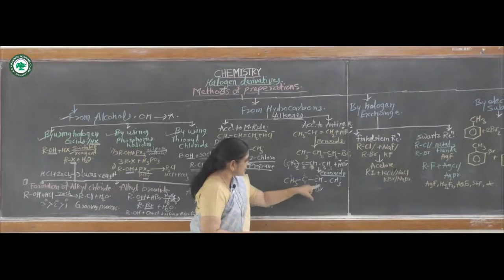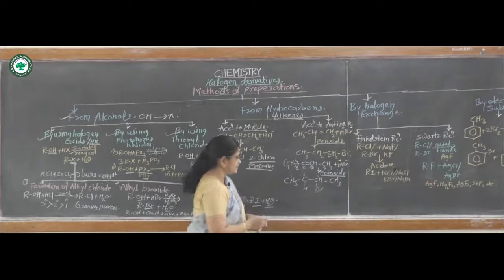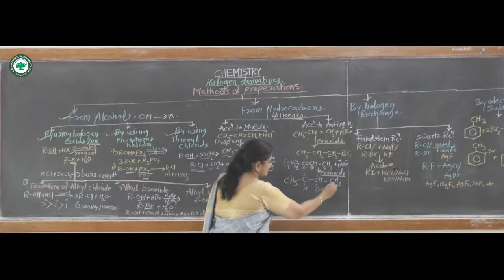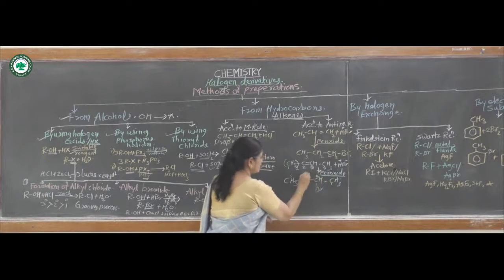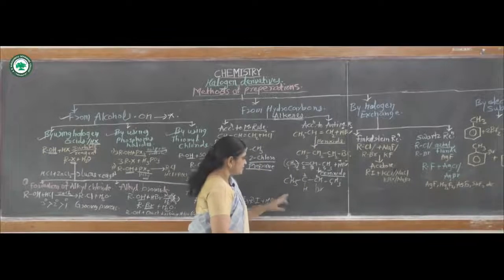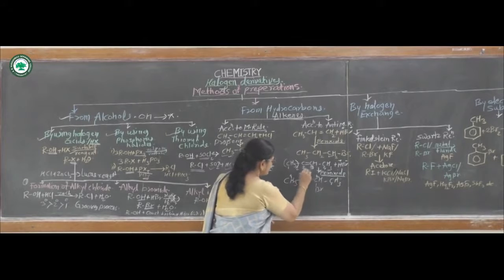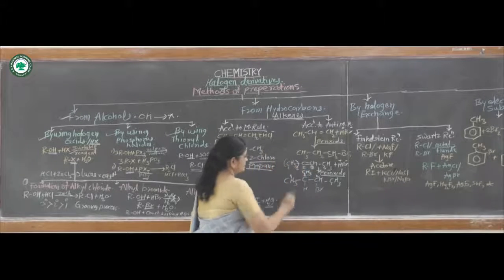Hence on the third carbon atom the bromine atom gets attached, and the hydrogen attaches to the second carbon. Numbering starts from the right hand side: first, second, third and fourth. The name of this compound becomes 2-bromo.